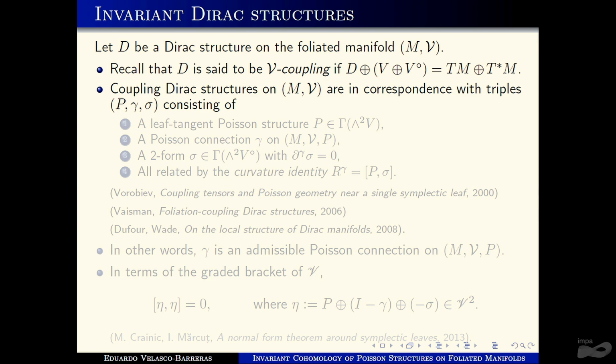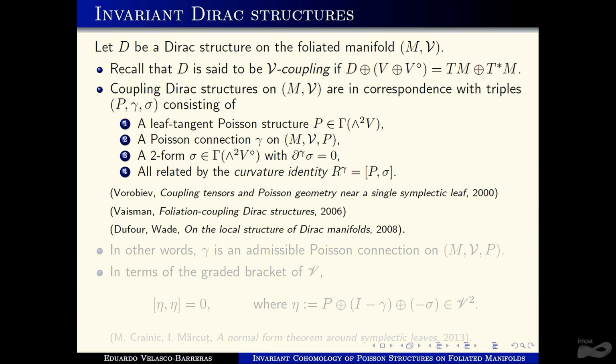correspondence with triples of data P, gamma, and sigma, which consist of a leaf-tangent Poisson structure and a Poisson connection on the Poisson foliation, and a two-form which is covariantly constant, all related by the curvature identity.